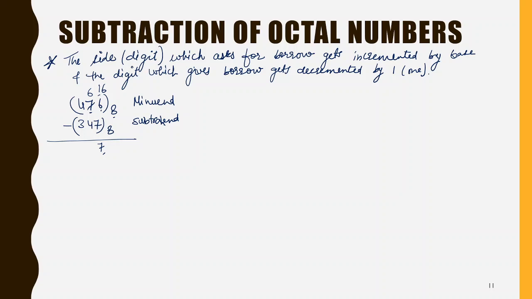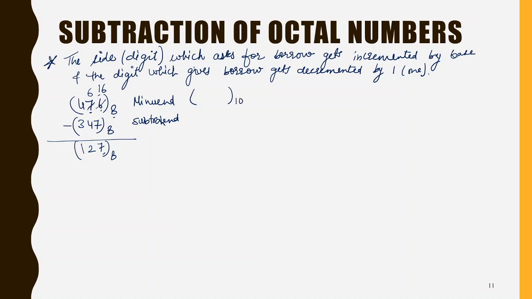You have to do 8 and 6, 14. Because 8 was received as borrow and 6 was already there, it becomes 14. 14 minus 7 is 7. Now 6 minus 4 is 2 and 4 minus 3 is 1. So the answer is 127 in octal.